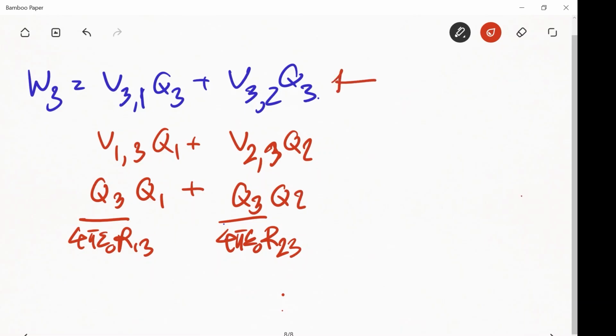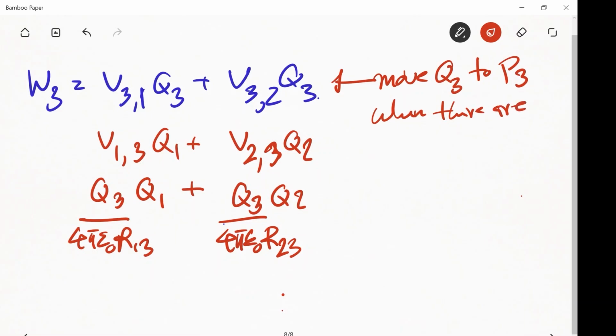This one is moving Q3 to point P3 when Q1 and Q2 are there.